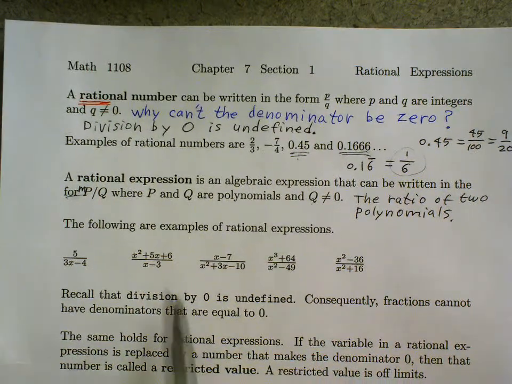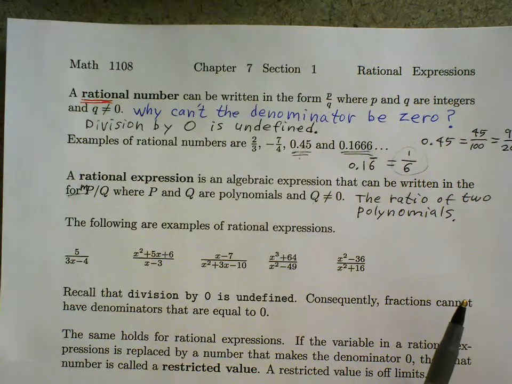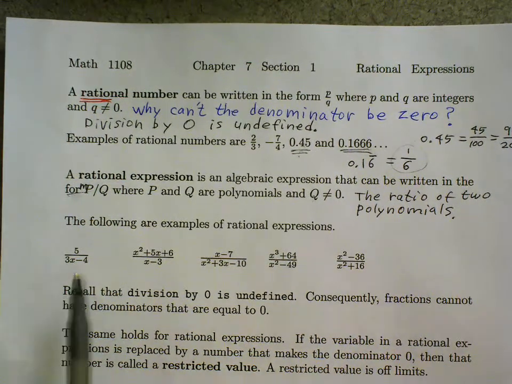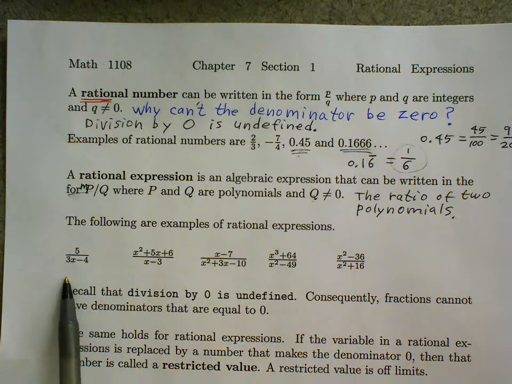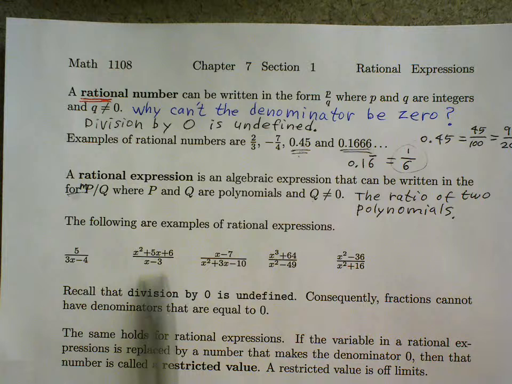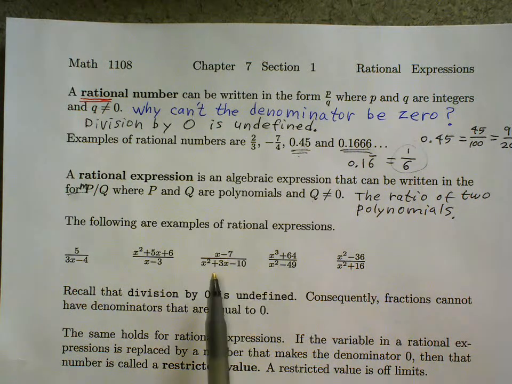Okay, here are some examples of rational expressions. 5 over 3x minus 4. The next one, x squared plus 5x plus 6 divided by x minus 3. Here's another one, x minus 7 over x squared plus 3x minus 10.